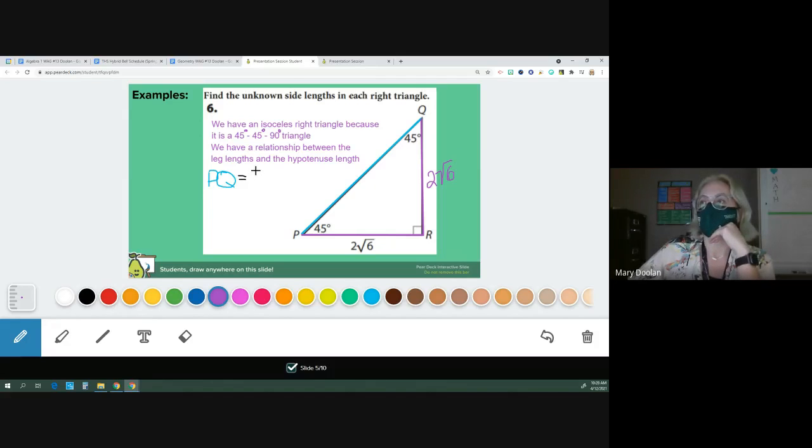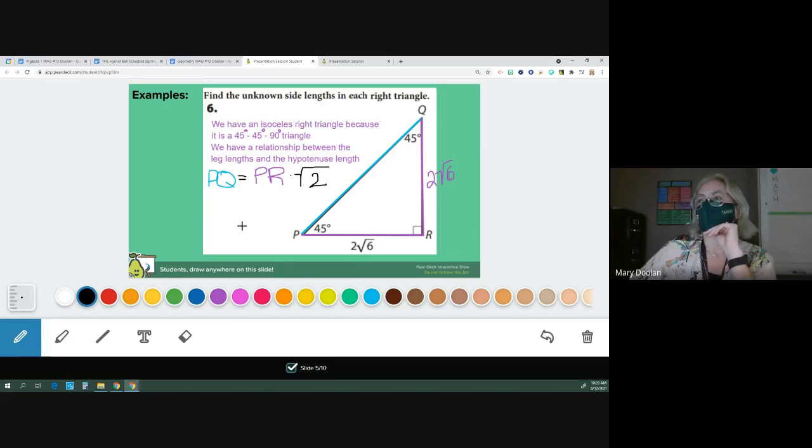So I'm going to say PR, but then it's not just PR, it's PR times the square root of 2. So that is the special relationship. If you take a leg and multiply it by the square root of 2, that will give you the hypotenuse. If you're given the hypotenuse and you want the leg, you have to basically divide by the square root of 2. One way of thinking of it.